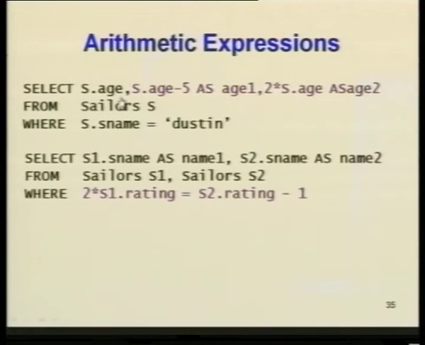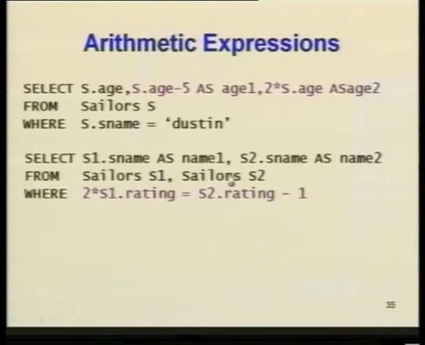In addition to that, SQL also provides arithmetic expressions. So select s dot age minus 5 as age 1 and 2 into s dot age as age 2 from sailors where s dot sname equal to some name, and select s1 dot sname as name 1, s2 dot sname as name 2, as is the way we are defining those variables.